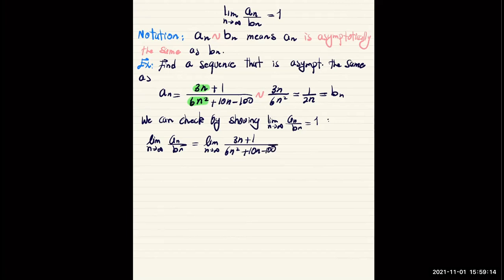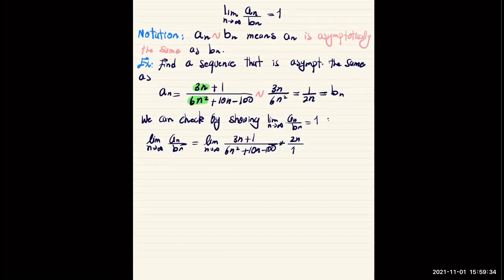Okay, we're going to divide that sequence by 1 over 2n. Basically, it's the same as multiplying by the reciprocal. Division by b sub n is multiplication by the reciprocal of b sub n, which would be 2n over 1.